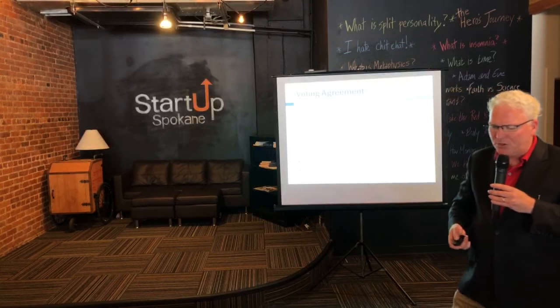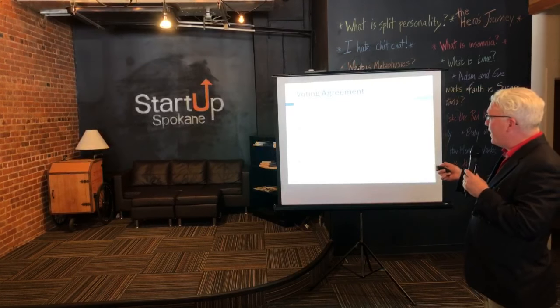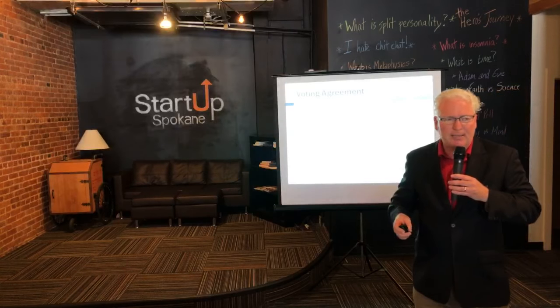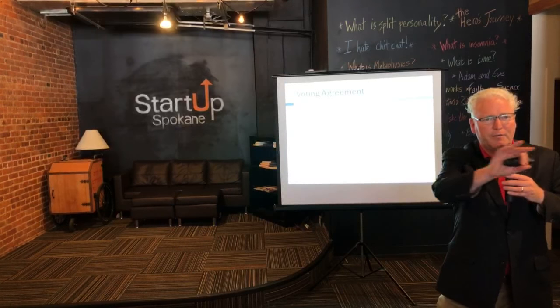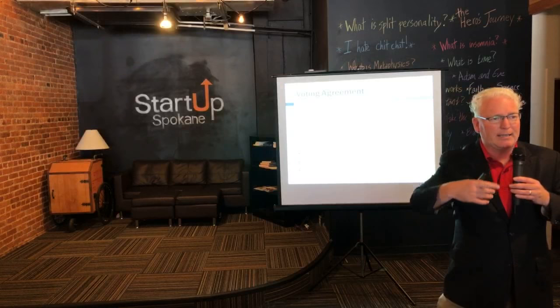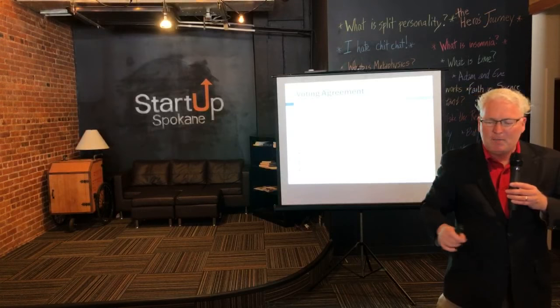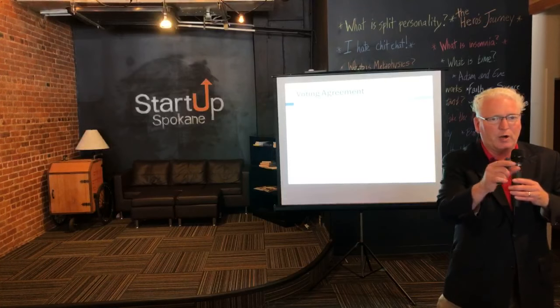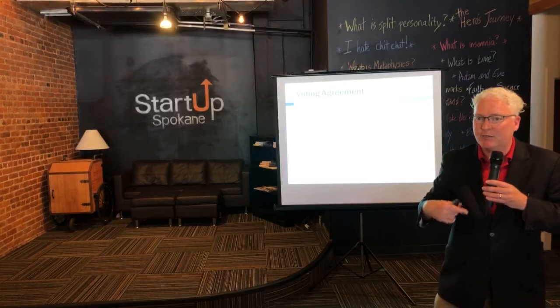With regard to the board of directors, the agreement specifies that a certain number of the seats on the board will be elected in a general election, but X number of seats are reserved for election by the Series A stockholders.